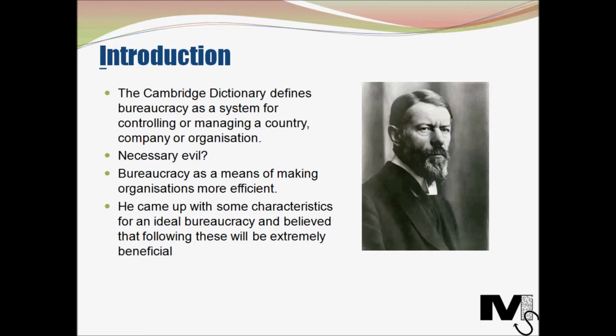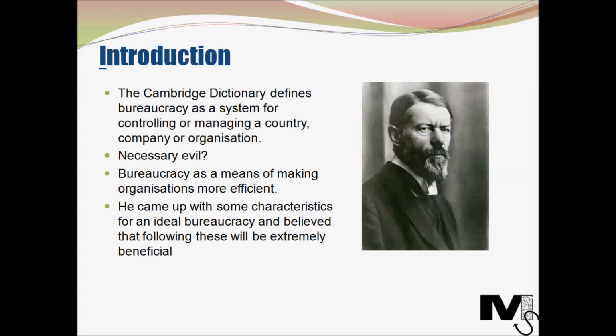He came up with some characteristics of an ideal bureaucracy and believed that following these will be extremely beneficial for employees, for employers, and for the economy. These characteristics are also called the principles of Weber's bureaucratic management theory.